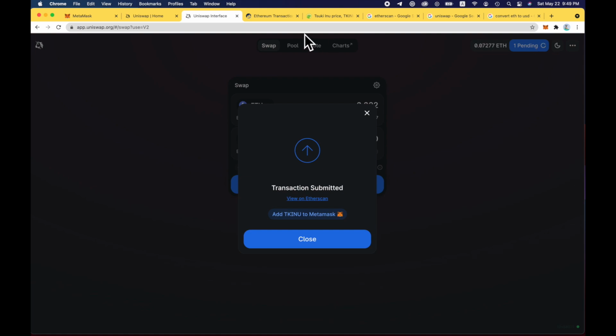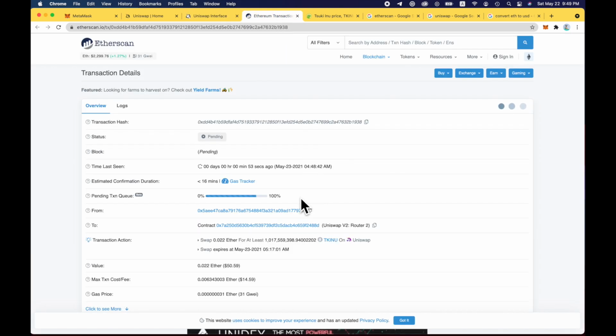Now, the trick to remember with this is that you can sit here and look at this bar. And if you're staring for anything more than 5 minutes, your transaction is probably not going to go through. So in that case, if you were incredibly desperate, and I would never recommend that you do a trade while feeling incredibly desperate, you could go up to the MetaMask and change the speed of your transaction by paying more in gas fees.